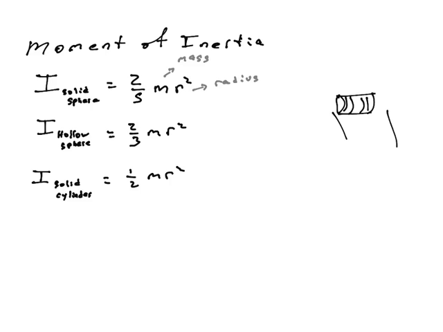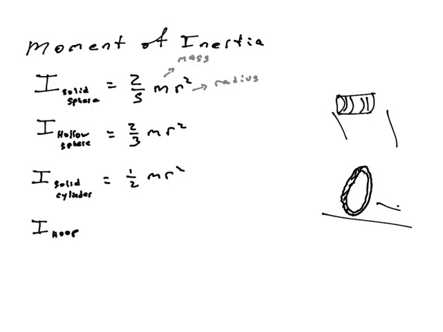What if we have something like a hoop? Moment of inertia for a hoop, or a ring, is another way of saying it. Let's say we have a hula hoop, which would be like a ring of material with a hole in the center.